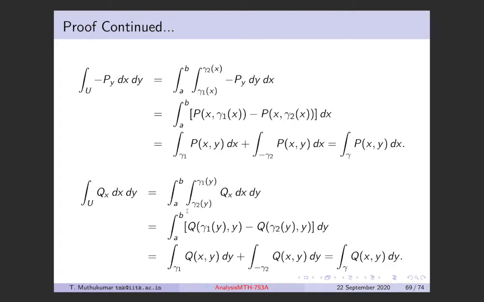And x is from gamma 2 to gamma 1. So if you do an integration here with respect to the x variable, you are going to get this, and then again this is nothing but the path integral, which is the integral over Q here.